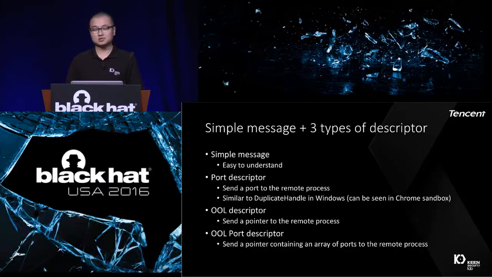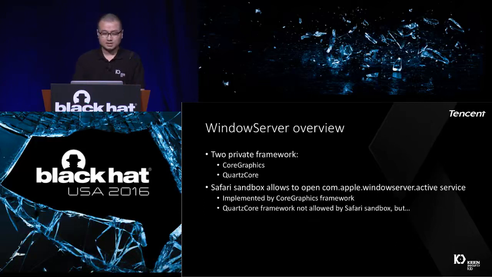One is the simple message, which is very easy to understand, and the 3 other types of descriptor. One is the port descriptor when you want to send a port, the OOL descriptor when you want to send a pointer, and the OOL ports descriptor when you want to send a pointer containing an array of ports to the remote process. So let's have a look at the WindowServer.